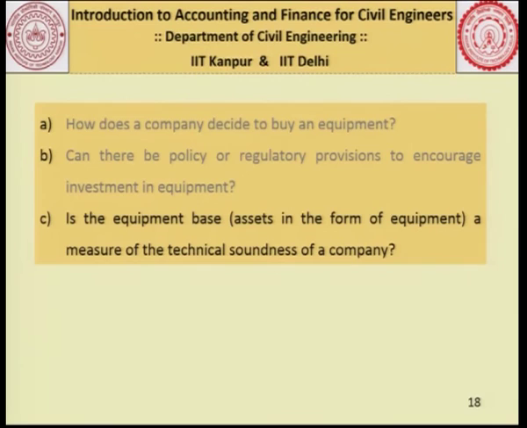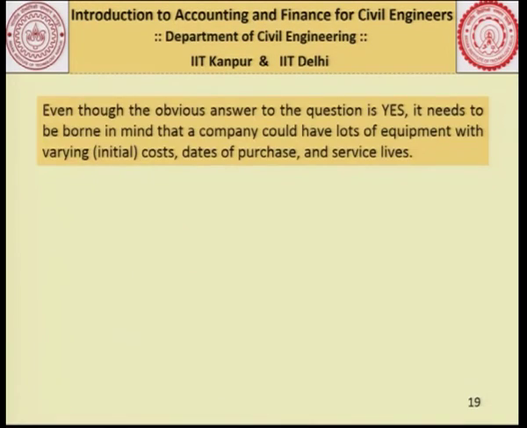Now, coming to the last of these three questions, is the equipment base, that is assets in the form of equipment, a measure of the technical soundness of a company? To that, even though the obvious answer is yes, it needs to be borne in mind that a company could have lots of equipment with varying initial costs, dates of purchase and service lives. And then how do we calculate the equipment base of a company at a given point in time?